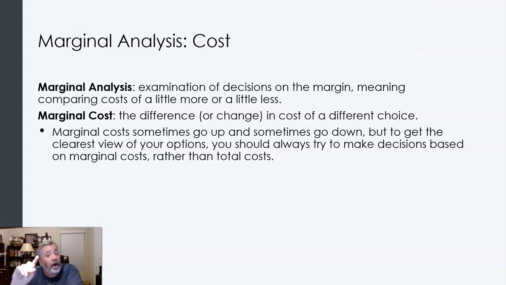Usually marginal cost is constant. Right? If you pay a worker $10 an hour and you add one more worker, guess what? Marginal cost was $10. In other words, the cost of that one additional worker, $10. We'll talk about marginal benefit in a minute. So most decisions are being made not by looking at total cost, but at the marginal cost.